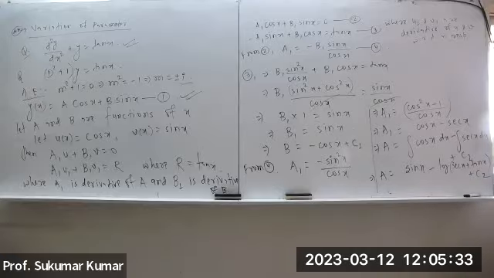You have to solve by this variation of parameter method only. CF you write first. You will get CF and PI when you put the A and B values there. First you write.